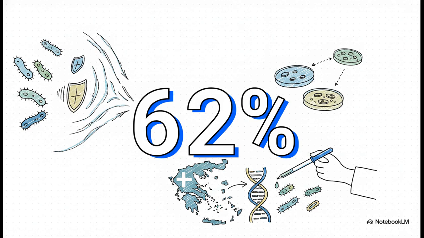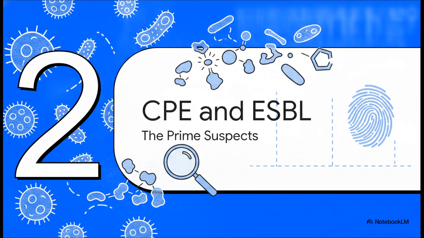So we aren't just talking about some theoretical what-if scenario here. We are looking at a severe, right-now epidemiological reality. These bugs are spreading like wildfire, making these guidelines our literal frontline defense to catch them before they spark unchecked outbreaks in our hospitals.